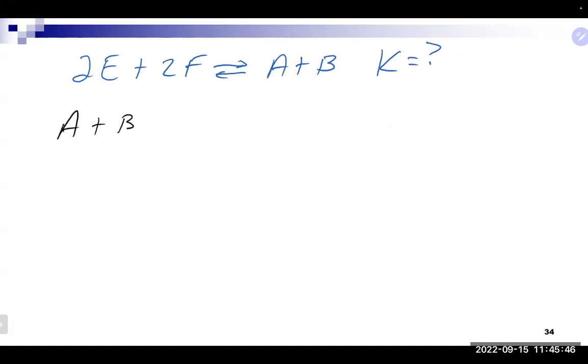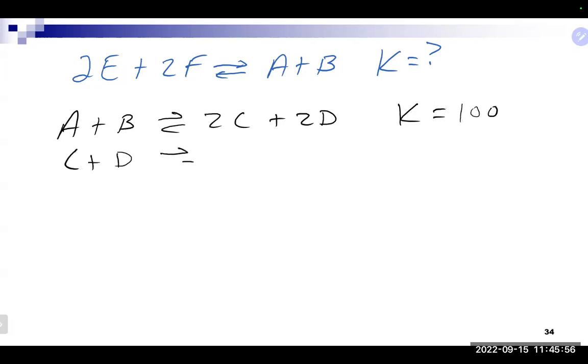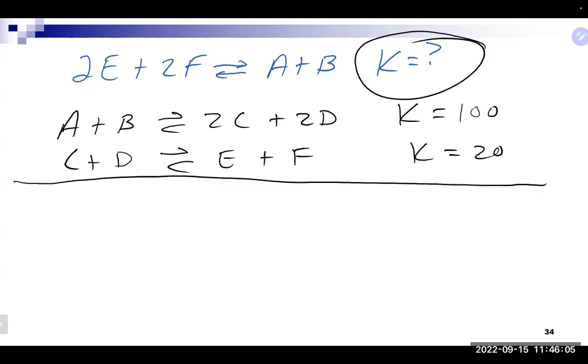A plus B goes to 2C plus 2D, the k is 100, and C plus D goes to E plus F, and the k here is 20. All right, so take a minute or two and see what you come up with. We're looking for the k value based off of those other two equations. Take a look, see how we're doing.